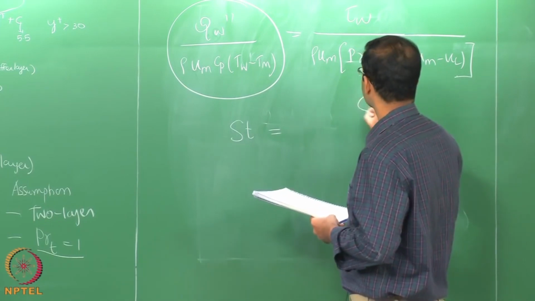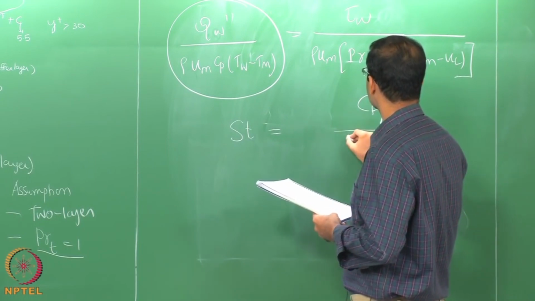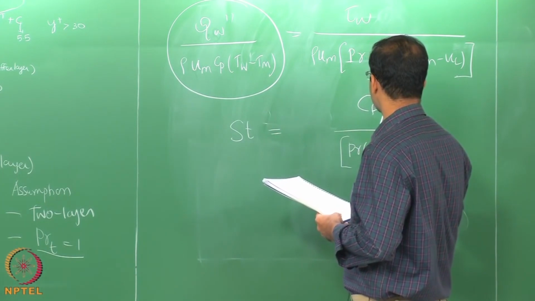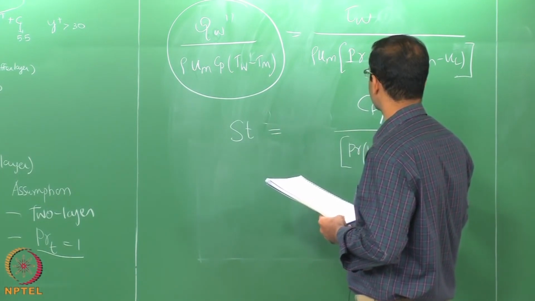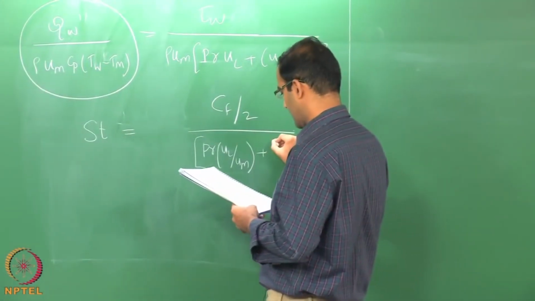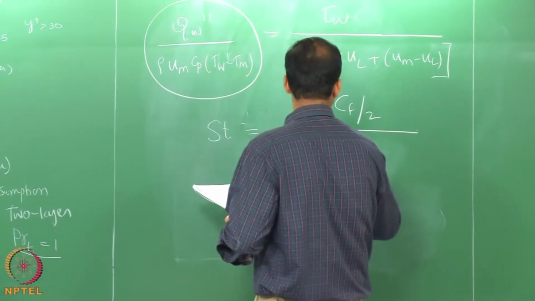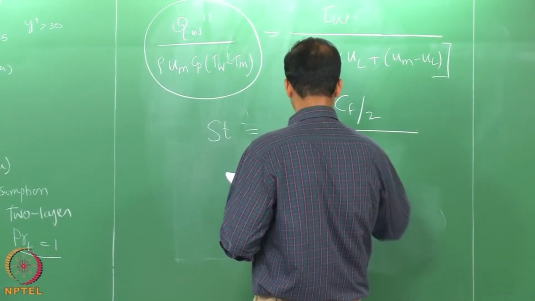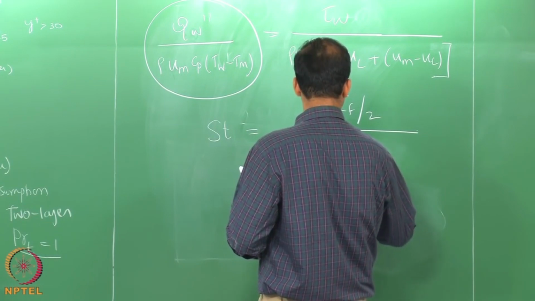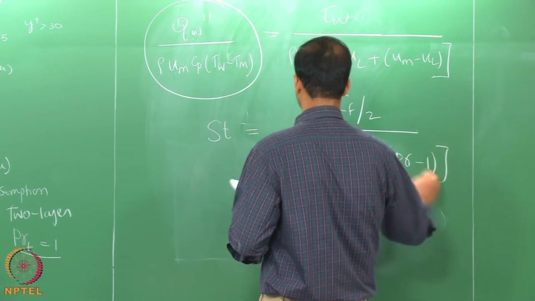Okay. So, this is your Cf by 2, and when you take common, so you have Prandtl number into Ul by, correct, plus I have, I will just rewrite it, one plus Ul by into Prandtl number minus 1.